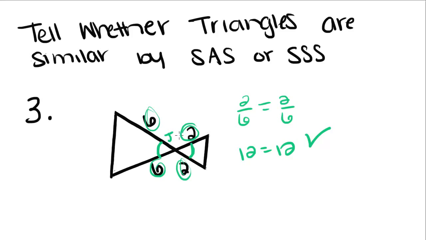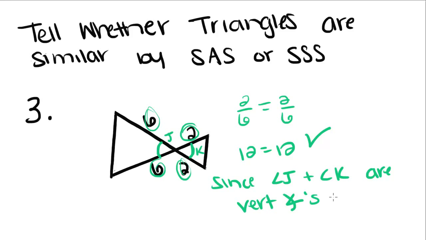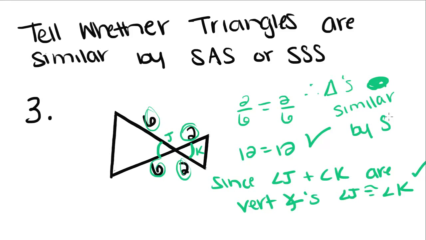So we'll call this angle J and this angle K. Since angle J and angle K are vertical angles, angle J is congruent to angle K. So now we can say that these triangles are, not congruent, triangles are similar by side-angle-side.